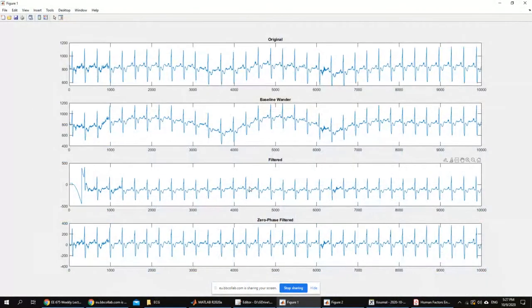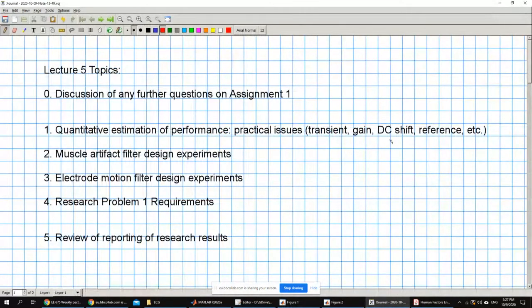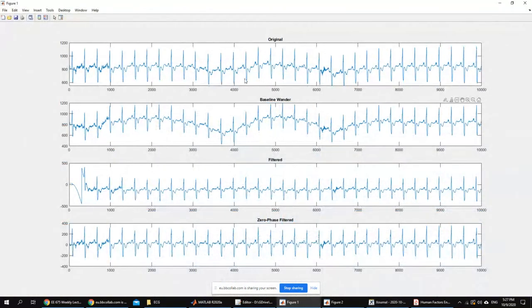Another problem, you might see some differences between them, but the reference in particular is a very big problem, because usually you don't have an original signal. If you have an ECG device and the signal came out like this, you don't have any idea how the original signal looks.